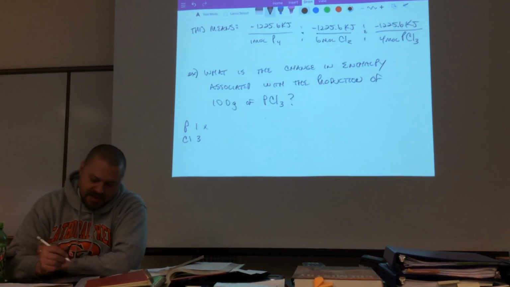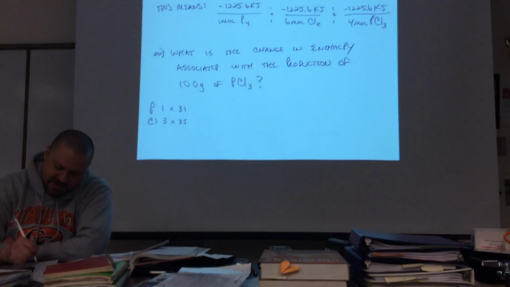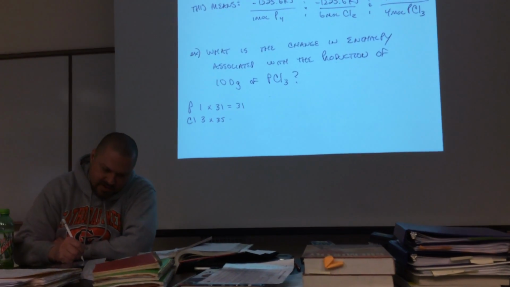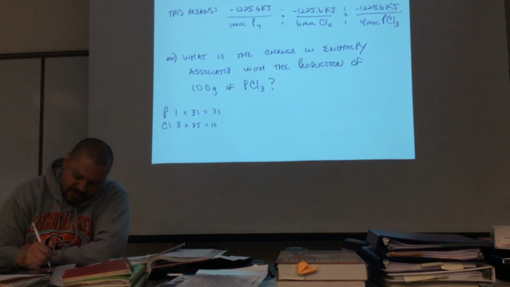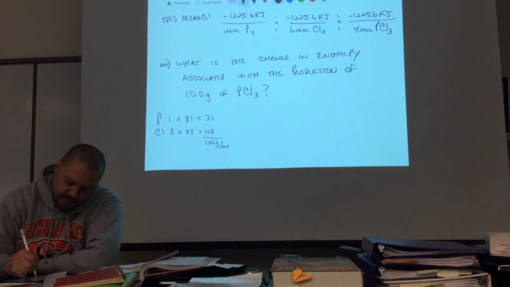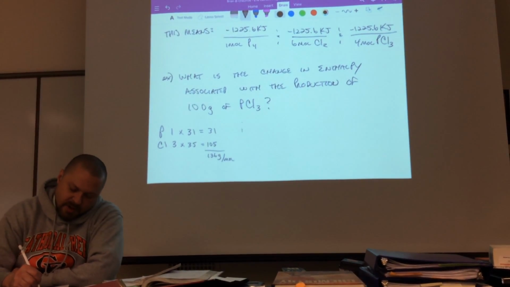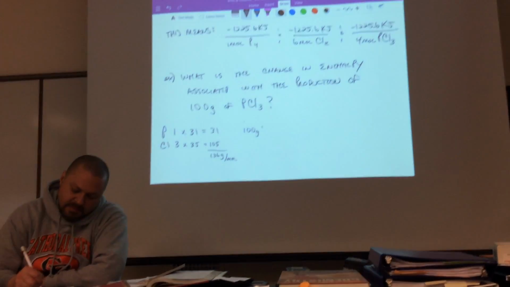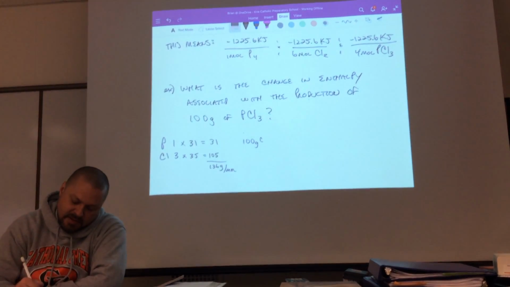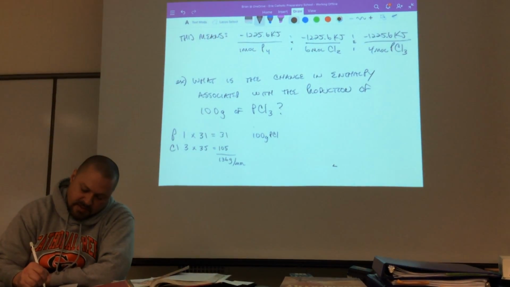Okay, so phosphorus weighs 31, chlorine weighs 35, rounded. That's 31. That's 105. So that's 136 grams per mole. So I can start out with my 100 grams of PCl3.